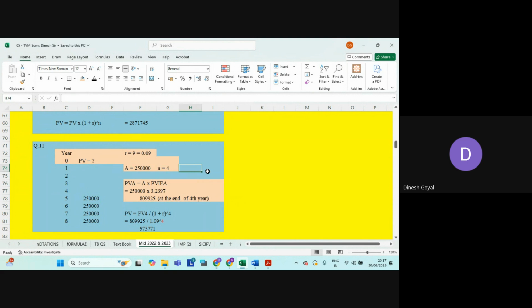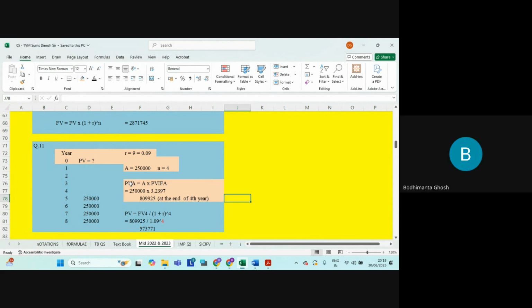Yes, sir. तो इसलिए हमने n4 लिया. और दूसरा इंपॉर्टेंट चीज जो मैंने बोला था कि whenever you calculate the present value of any ordinary annuity, the value that we get is 1 year before the first annuity. तो फर्स्ट एन्युटी 5th ईयर एंड पे स्टार्ट हो रहा है, तो जो वैल्यू मिला वो 1 साल पहले का, यानी वैल्यू एट द एंड ऑफ 4th ईयर.